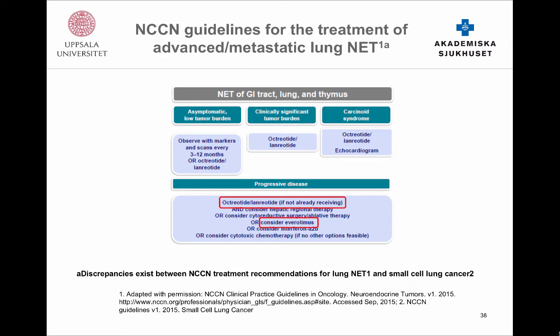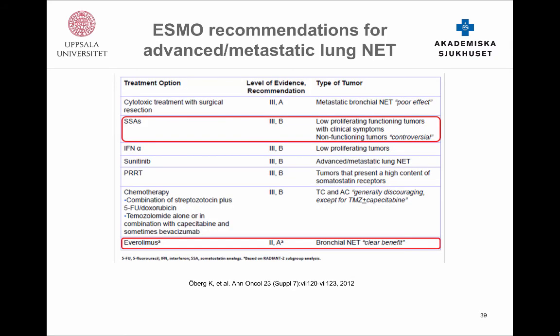So they have started to modify. They are not just pushing for the old cytotoxic treatment. So I think in the next version of these NCCN guidelines, they will start to look like what you see here.